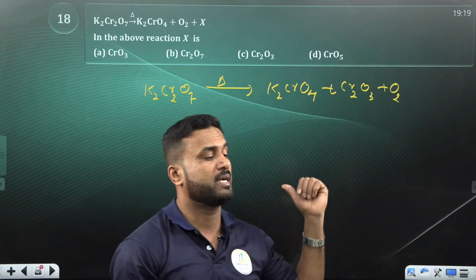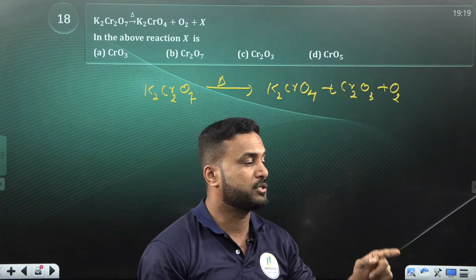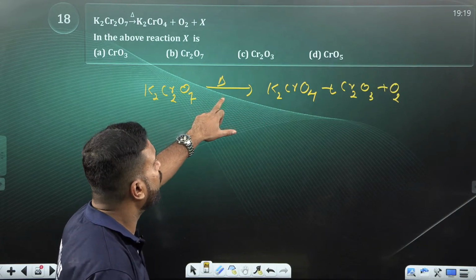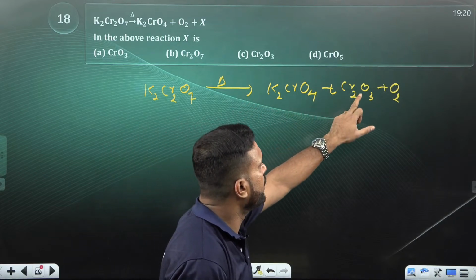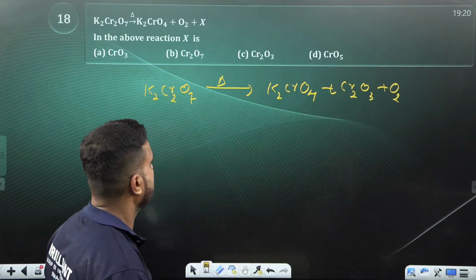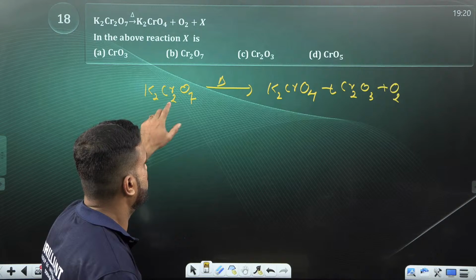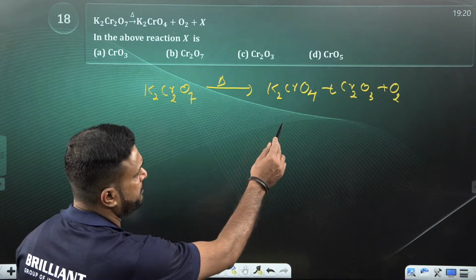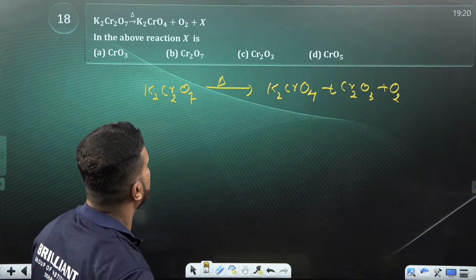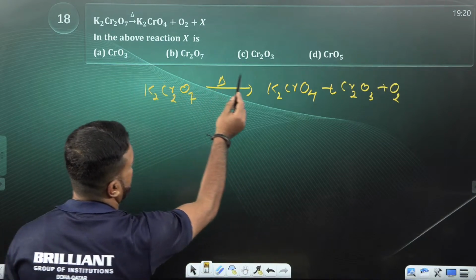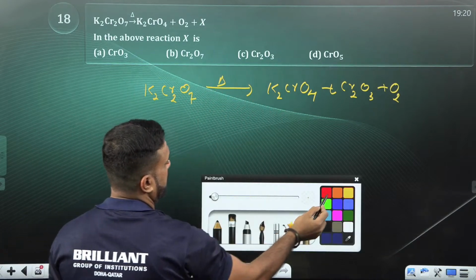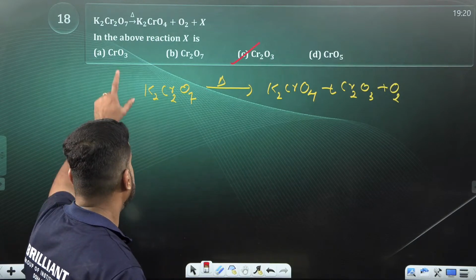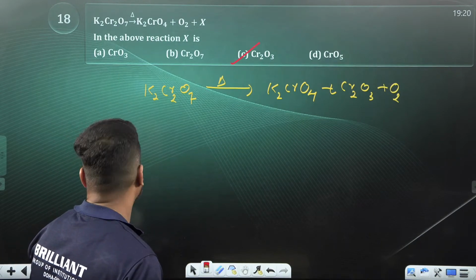We learned action of heat for both KMnO4 and K2Cr2O7. Potassium dichromate on heating gives potassium chromate, chromium oxide and O2. So the correct answer is Cr2O3. This equation we learnt in D and F block directly.